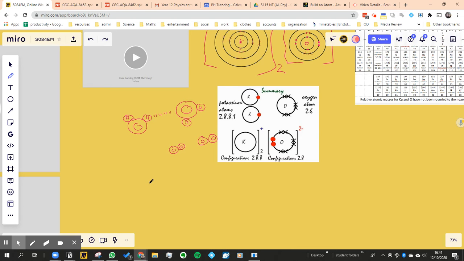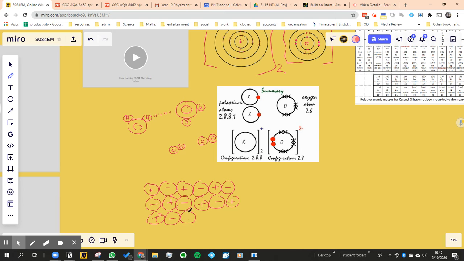So if we had a grain of salt, which is sodium chloride, then you have the sodium ion next to the negative chloride ion, next to a sodium ion, next to a chloride ion, and so on and so forth. It goes on and on in every direction. I'm only drawing it in 2 dimensions, but it goes on and on in 3 dimensions.